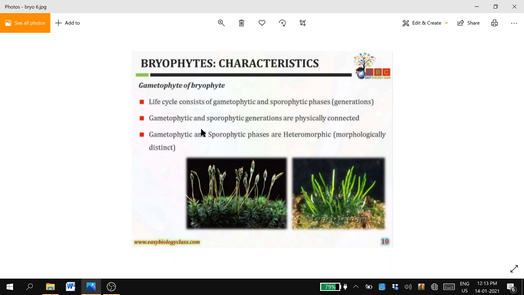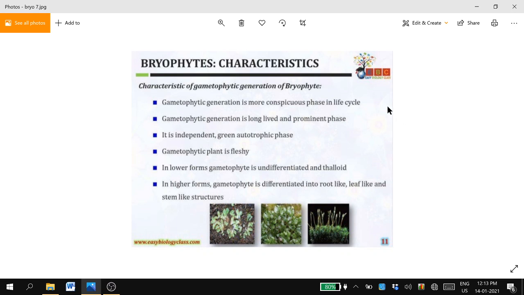The gametophytic and sporophytic generations are heteromorphic. It means they are morphologically dissimilar or distinct from each other. So alternation of generations is present in the bryophytic plant.